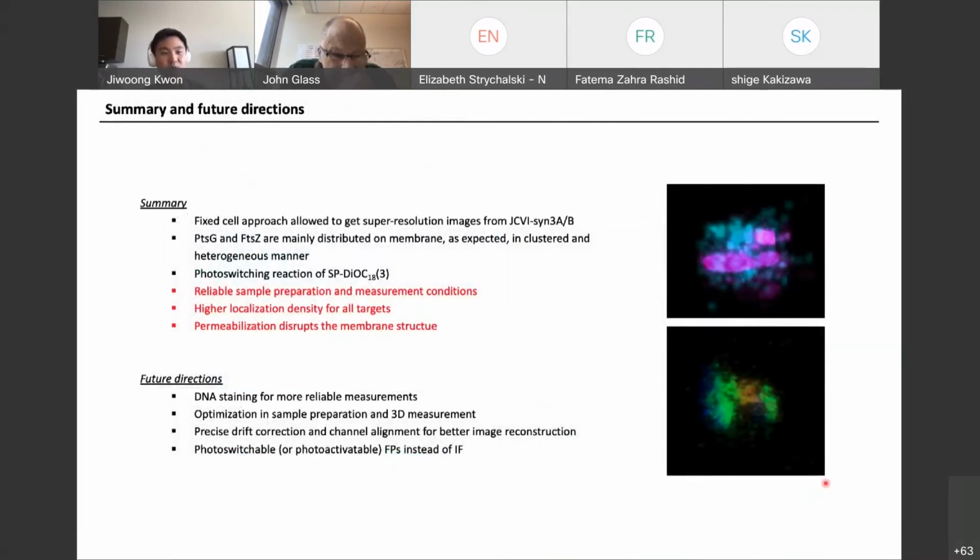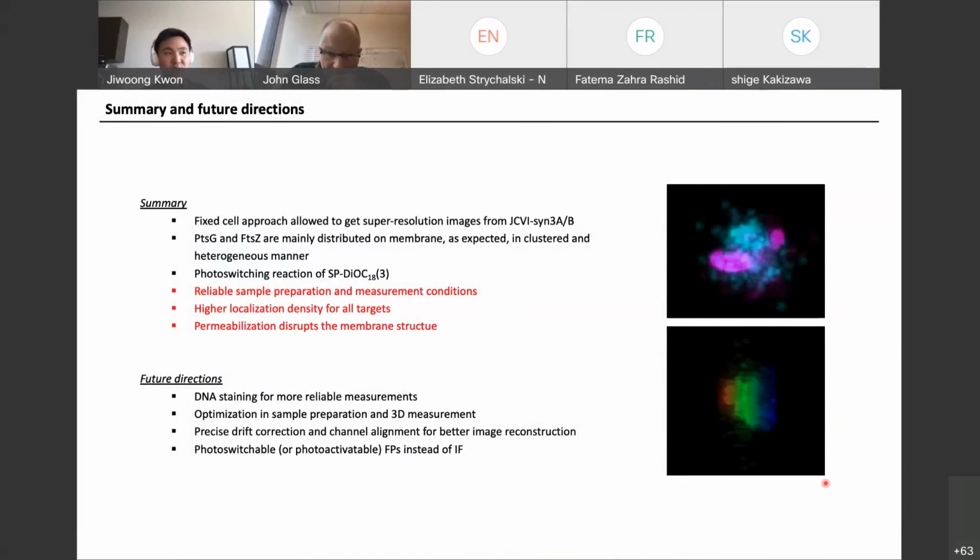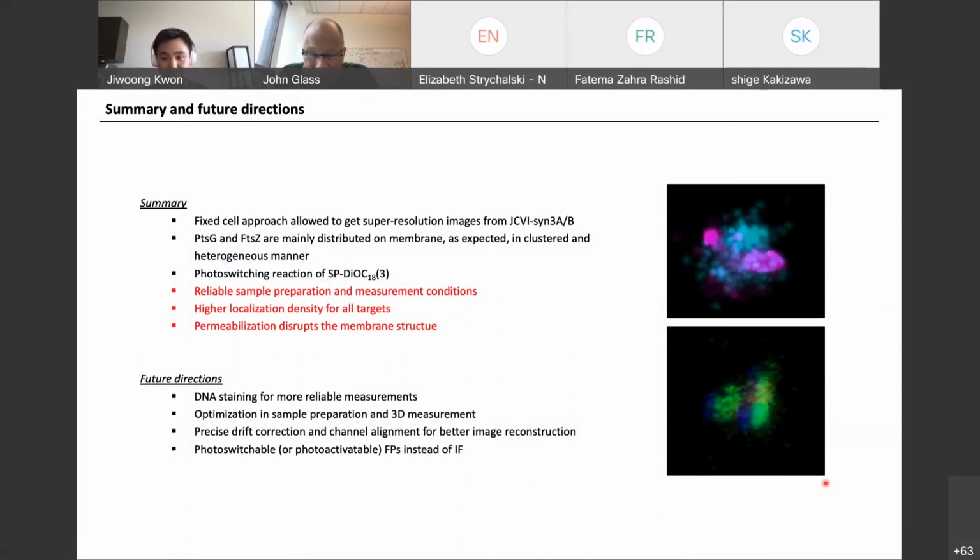So in summary, we are trying to investigate the structural details of some proteins inside the JCVI-syn3A and B cells by using super resolution imaging. Both PTSG and FTSZ showed clustered and membrane-close distributions with high cell-to-cell variance.